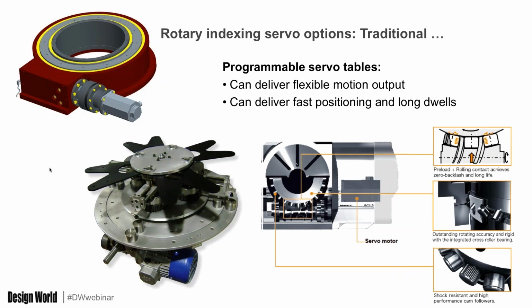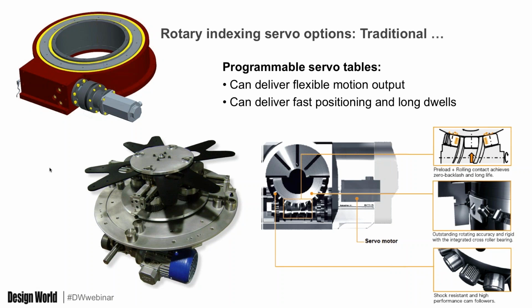So case in point, a machine may process multiple products needing different positions. Other examples where servo tables really excel are those needing fast positioning and long dwells. So rotary indexers running off servo control output move essentially when the servo motor starts moving.